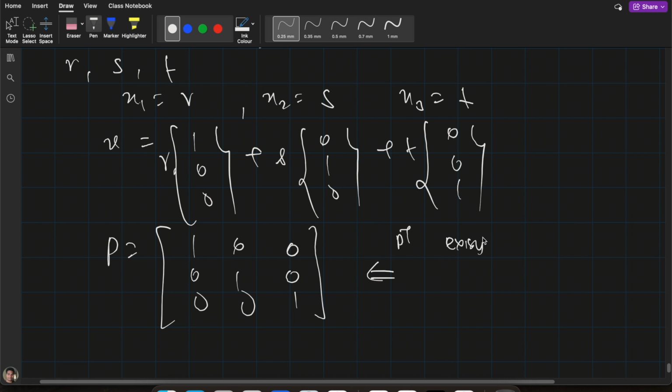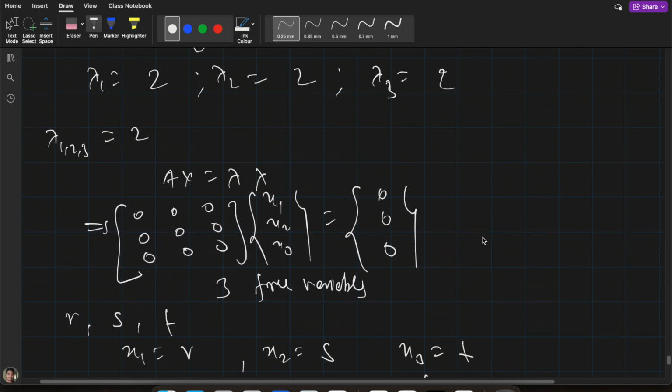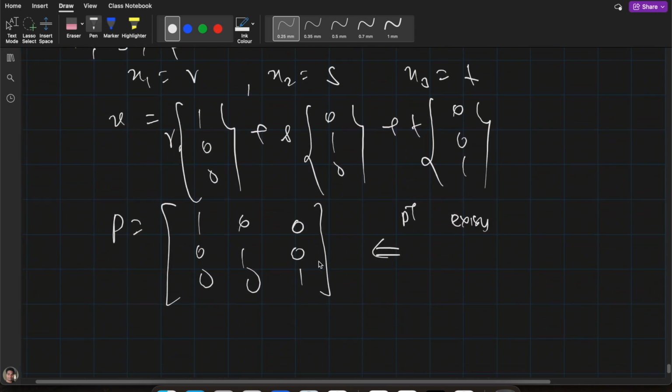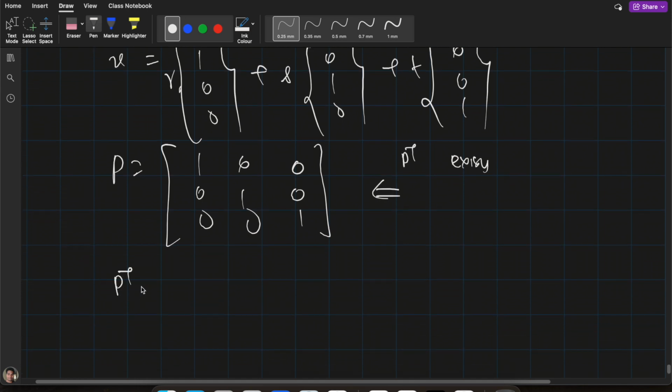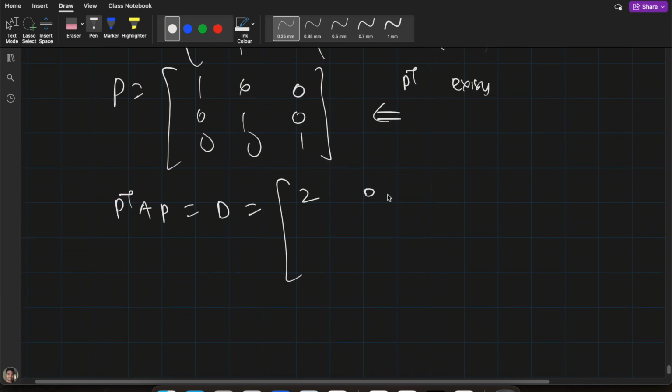And why does it happen? Because for the same eigenvalue you are getting 3 independent eigenvectors, and when you diagonalize it you will get P inverse AP equal to what? D. And what are those eigenvalues? 2. So you will get 2 0 0, 0 2 0, 0 0 2.